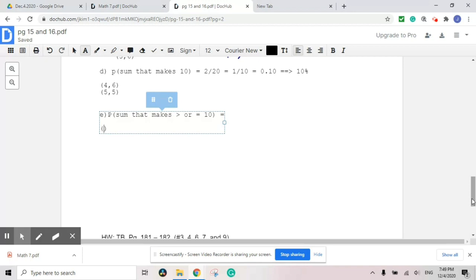First thing, we already know that it overlaps with D. So 4 comma 6 is one possibility, 5 comma 5. And is there any more? Yes, we do have 5 comma 6, which is 3. I'm sorry, 11. 5 plus 6 is 11. So in total, we have 11 out of 20 possibilities.